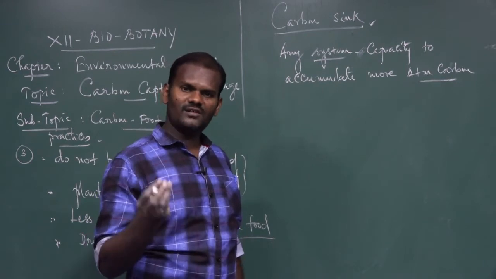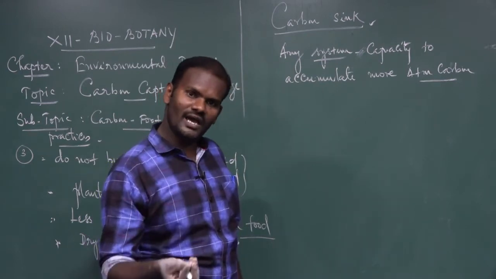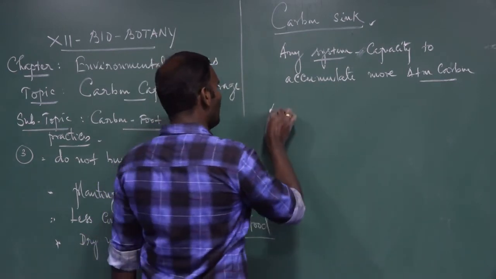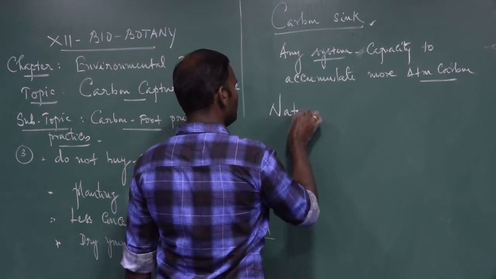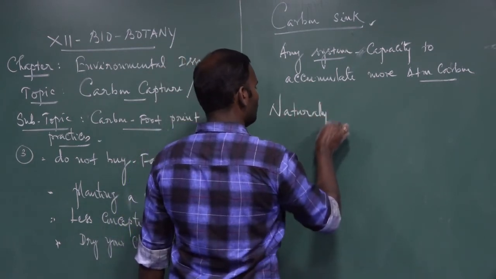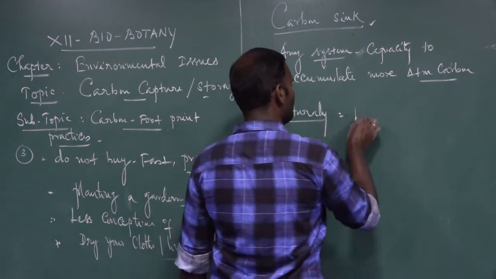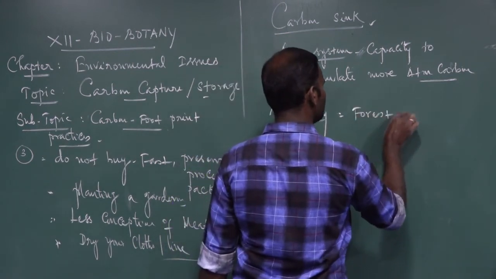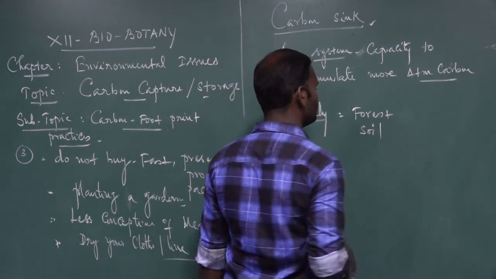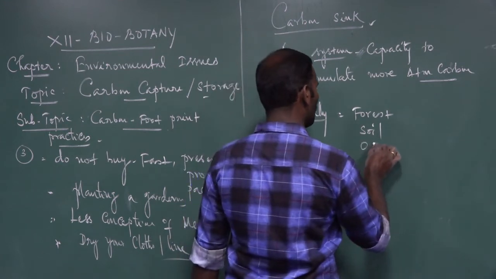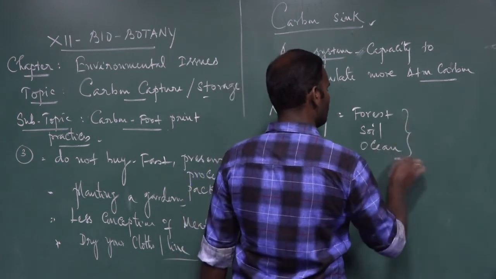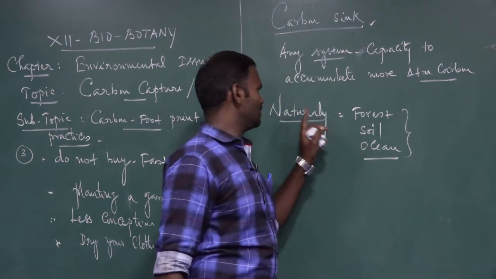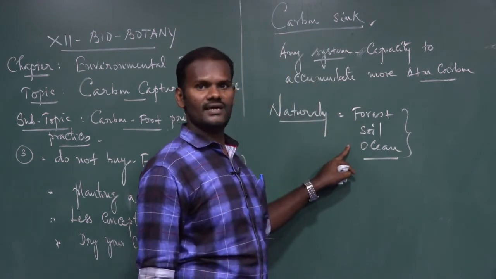The carbon sink may occur naturally or artificially. How does the carbon sink occur naturally? For example, forest, soil conservation, and ocean. These are the naturally occurring carbon sink areas.